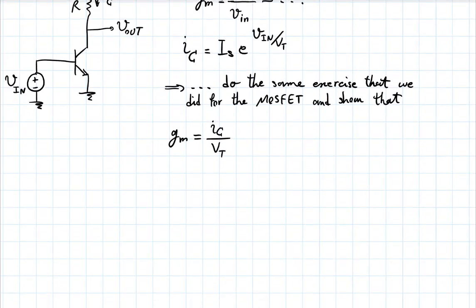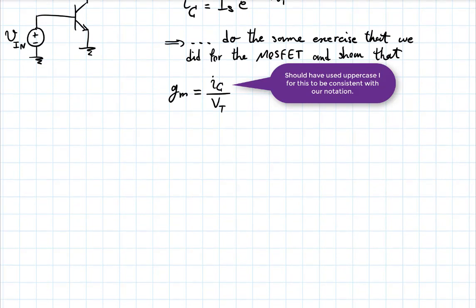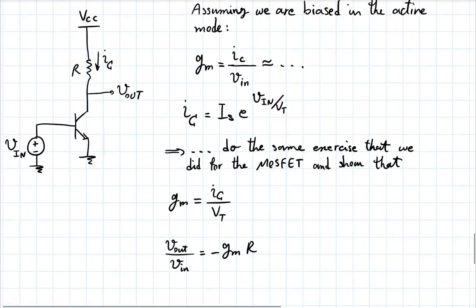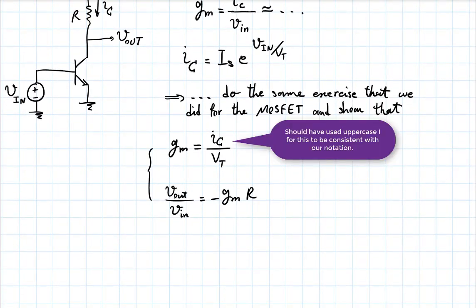So also then show this also, that little v out over little v in, so the small signal voltage gain, will be minus Gm times R. This is exactly like in the previous circuit. And of course, you have similar things with the p-channel MOSFET and the PNP BJT.